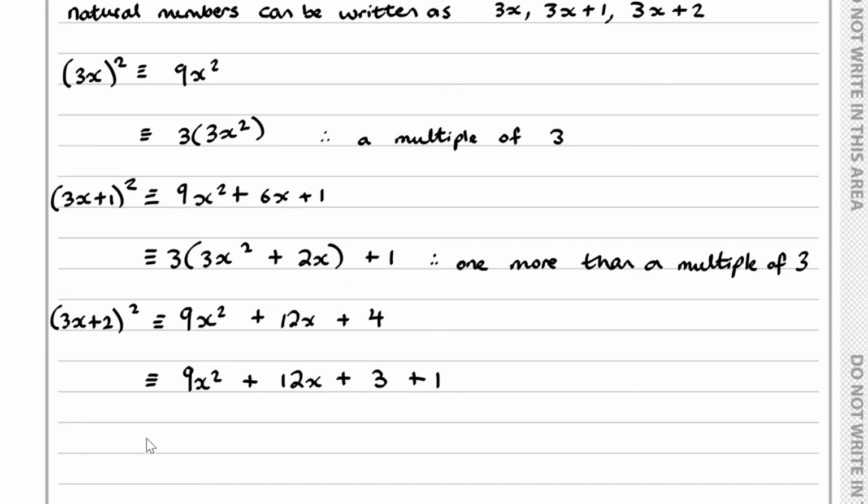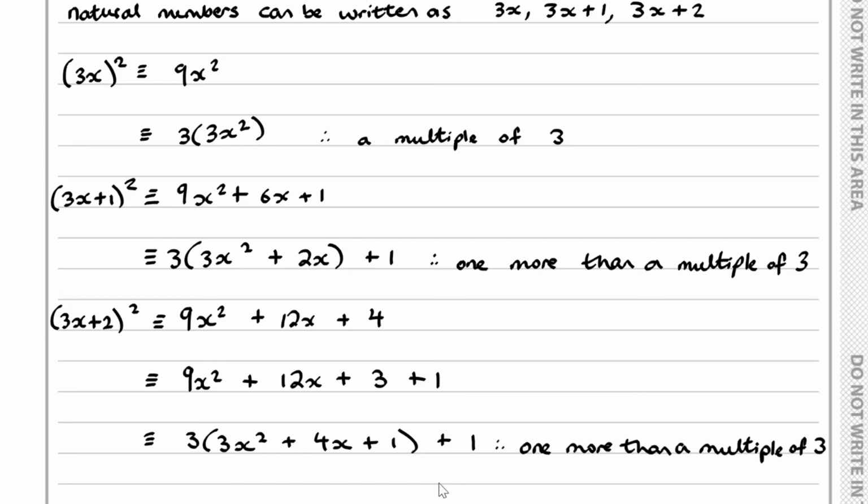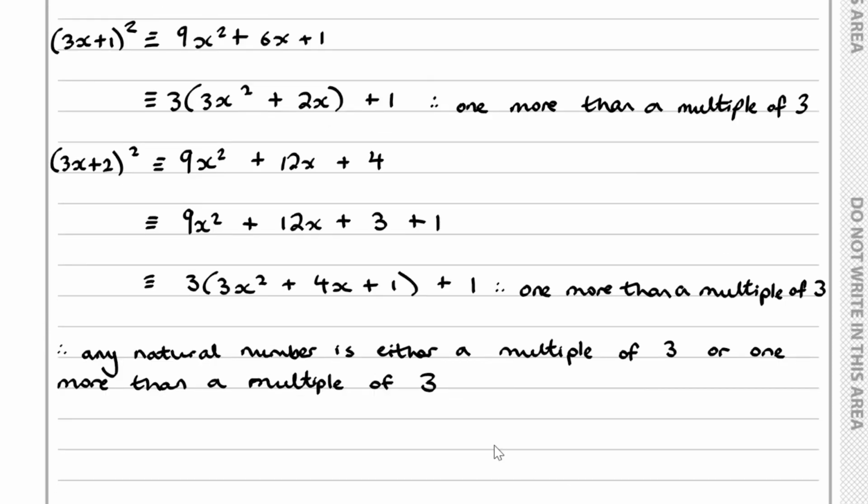And if we do that, we have 3 lots of 3x squared plus 4x plus 1, plus another 1. So this result here is one more than a multiple of 3. So any natural number squared is either a multiple of 3 or one more than a multiple of 3.